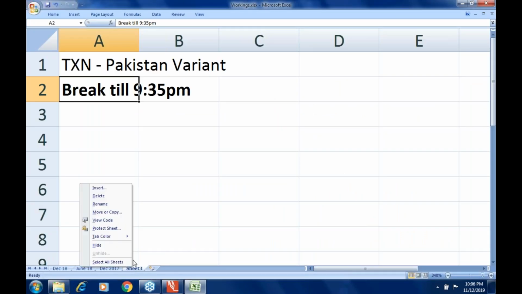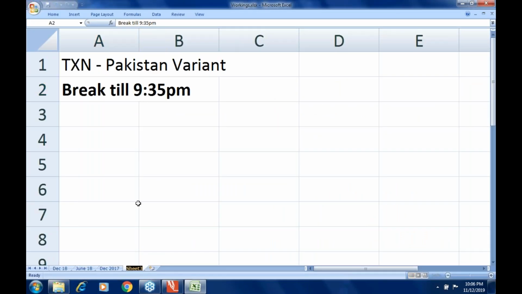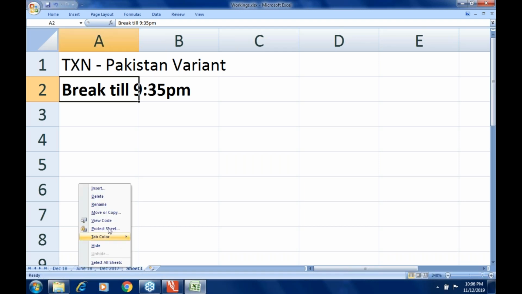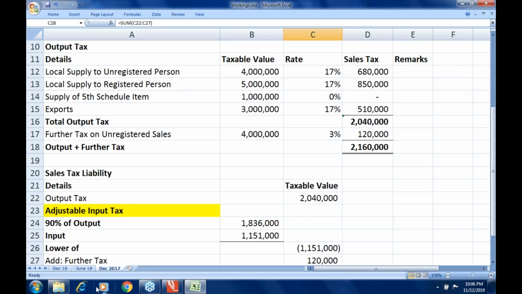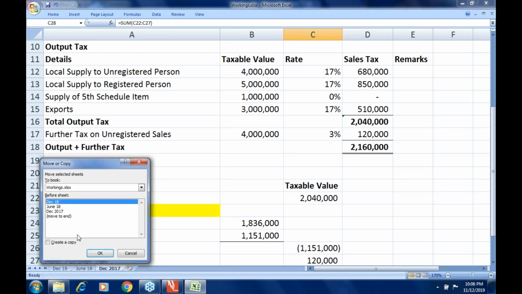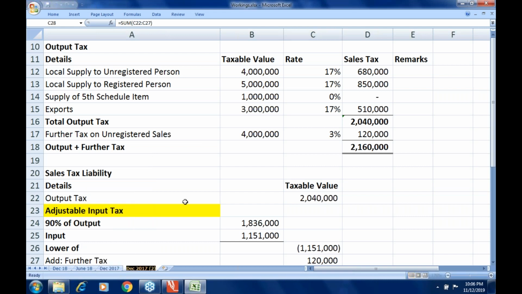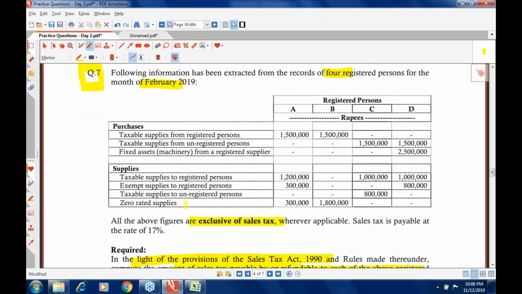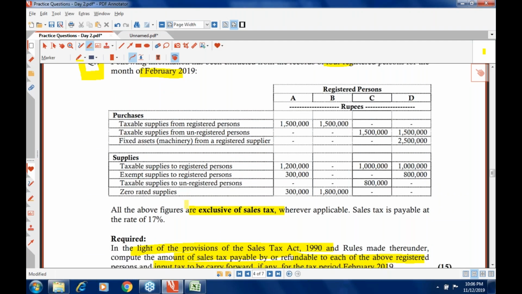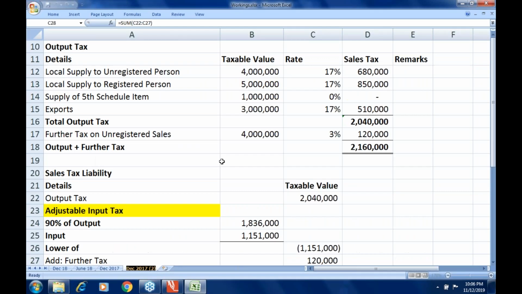First of all, this is a question from a local qualification, and this is a February 19 question for registered persons. So this is what we have.